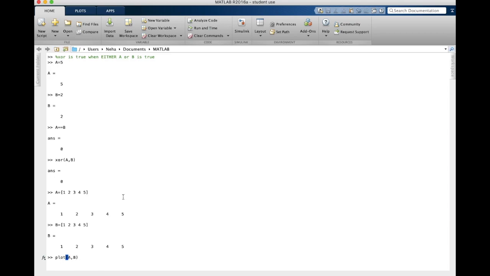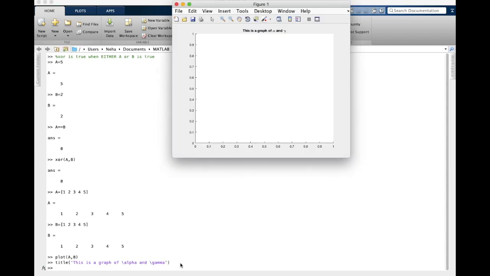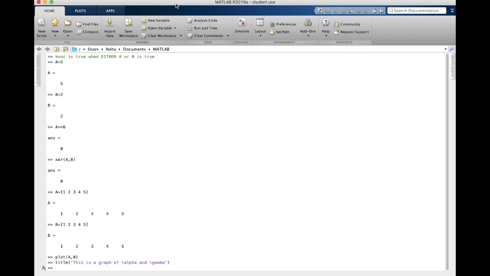I haven't got to plotting yet, but I'll plot it just for the sake of showing you how to do this. In my title, I put, this is a graph of alpha and gamma. I need to include the backslashes just like they show in the table. And now if I hit enter, alpha and gamma, these Greek letters, are showing up here in my title rather than the words alpha or gamma. So that is how you would use the special characters.